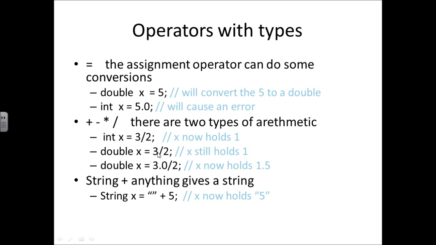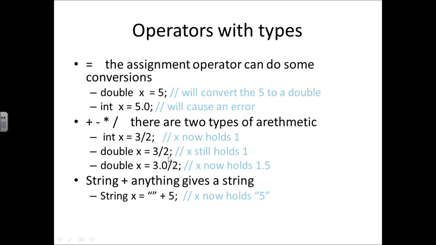This is a tricky little statement. I have 3 divided by 2 and I assign it to a double because I want 1.5. Well, the challenge here is that with 3 divided by 2, both are integers. It does the integer division, it throws away the remainder, and then it does the conversion to a double. It has to do with the order in which things happen. The division happens first. It's integer division, so you lose your information before it is converted.